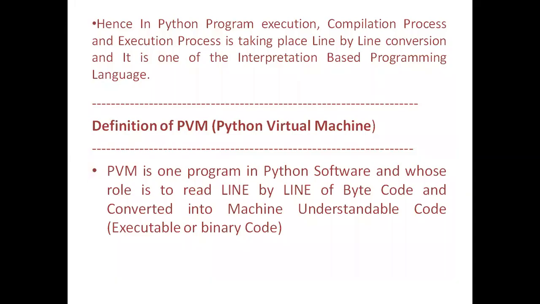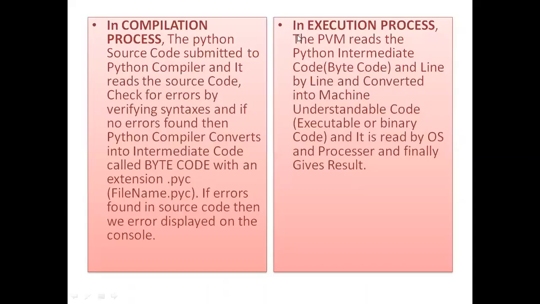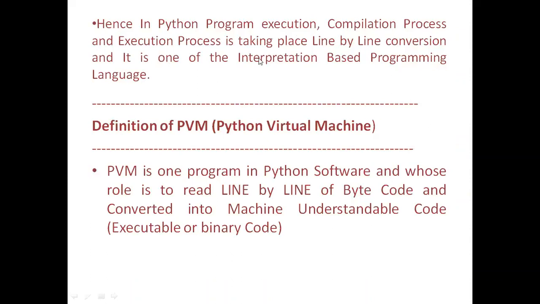Now let's see how it happens. Hence, in this program, the compilation process and execution process take place with line by line conversion, and it is one of the interpretation-based programming languages.